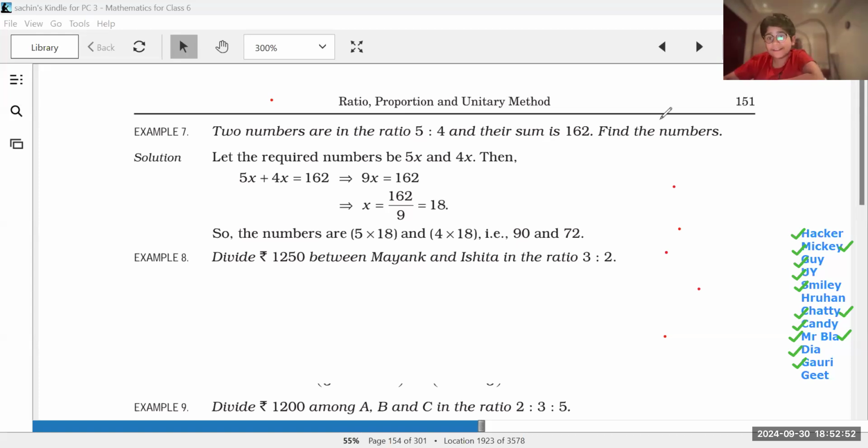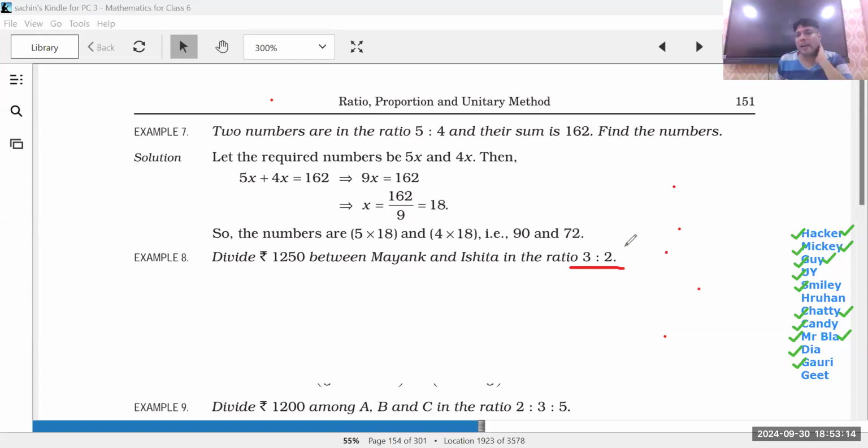Sir, I was using the second method, and I got 9x equal to 1250. बेटा how 9x, ये तो 3 and 2 ही है ना, तो 9x कहाँ से हो गया? Oh my god, I mean 5x. So you have to divide by 5 then.